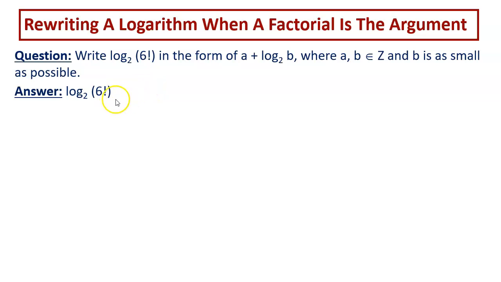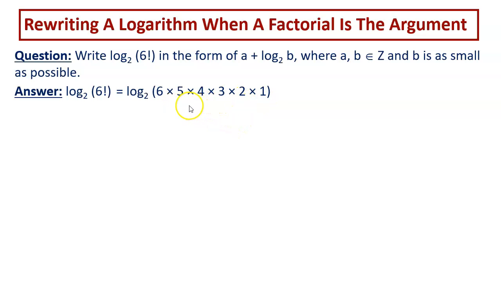Okay, but now over here we write the 6 factorial in this form. Log of 6 times 5 times 4 times 3 times 2 times 1 to the base 2. This is 6 factorial, right? So instead of writing 6 factorial, we have expanded it. It is 6 times 5 times 4 times 3 times 2 times 1.